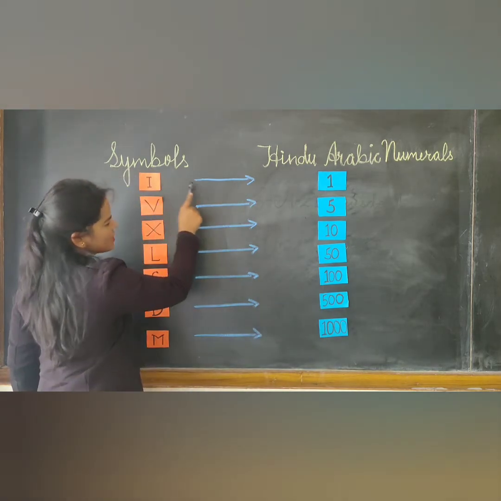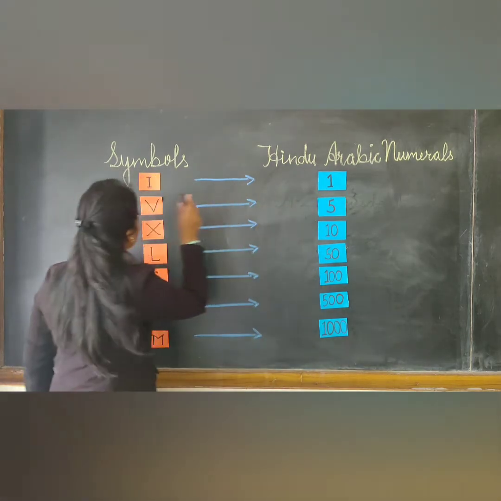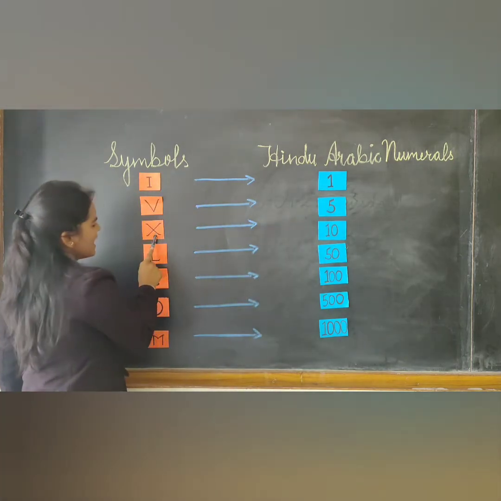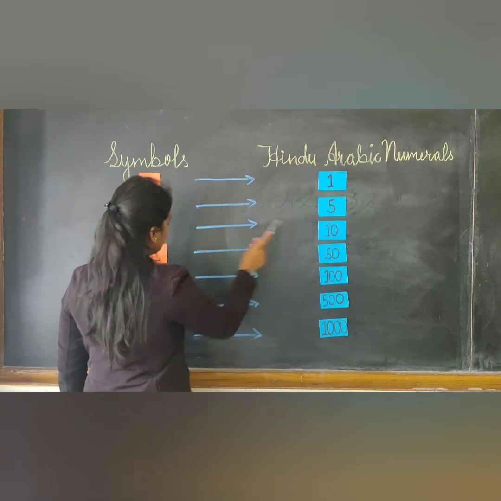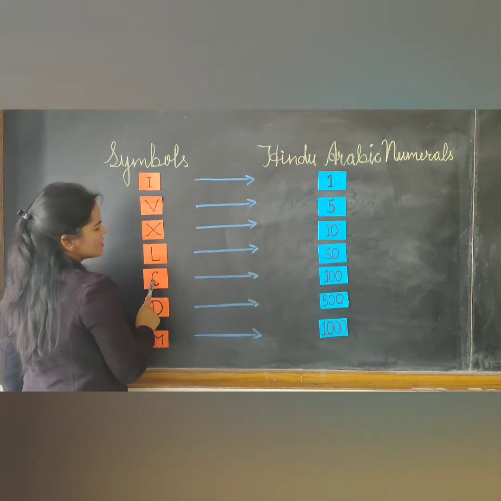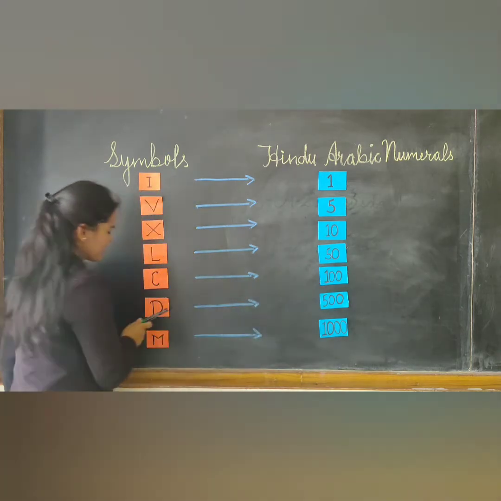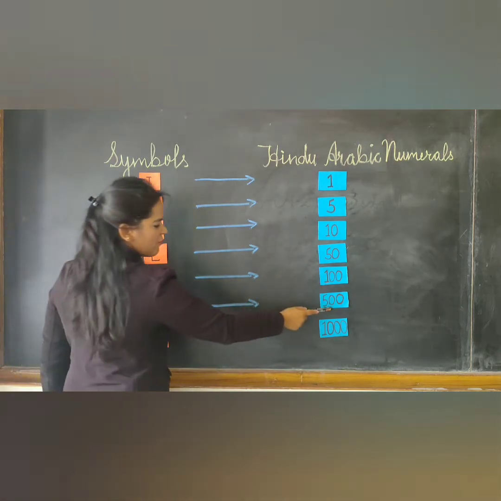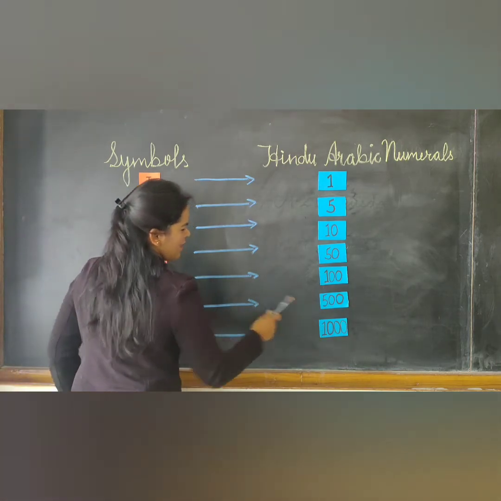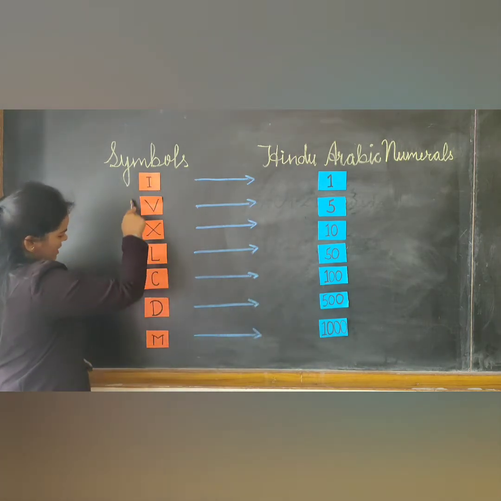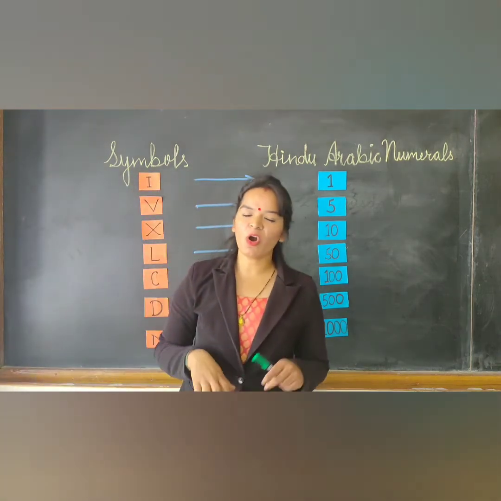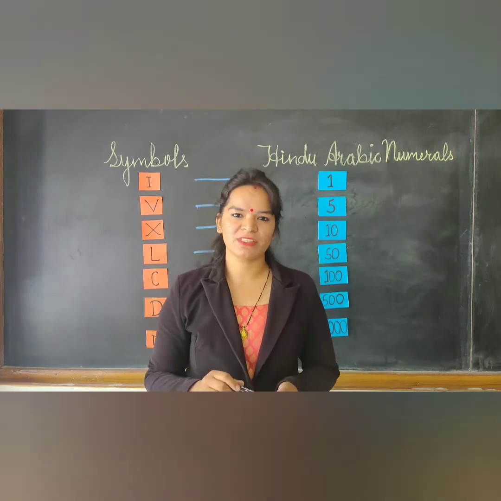So I is used for 1, V is used for 5, X is used for 10, L is used for 50, C is used for 100, D is used for 500 and M is used for 1000. With the help of these 7 symbols, we form all the Roman numerals.